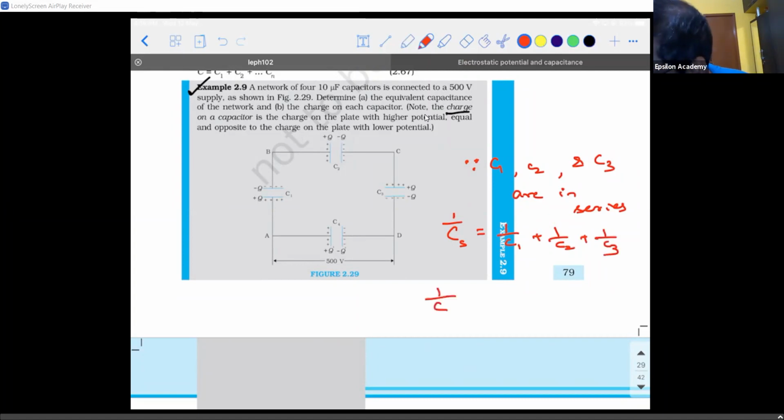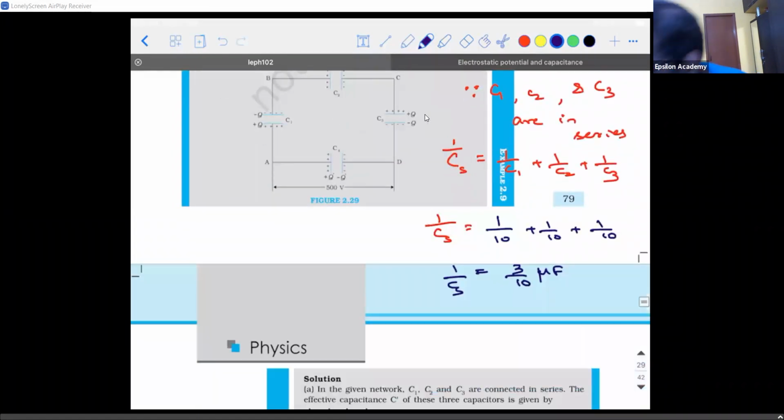So 1 by CS is equal to, what is the value of 1 by C1? It is 1 by 10 plus 1 by 10 plus 1 by 10. So how much is it? It is 3 by 10 microfarad. So what is the value of CS, guys? CS will be 10 by 3 microfarad. Okay, so please make a note till this point.